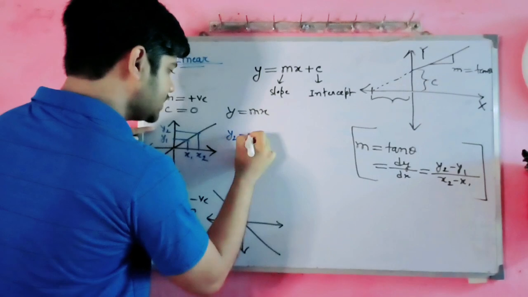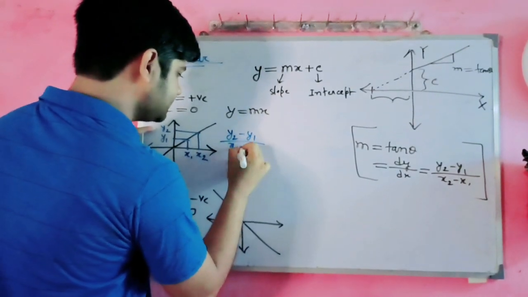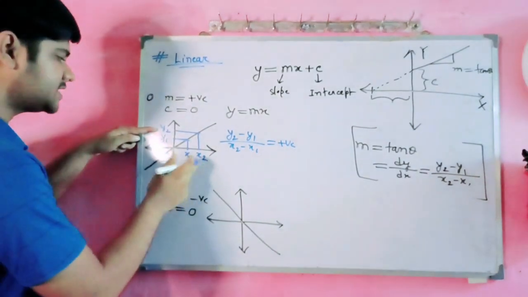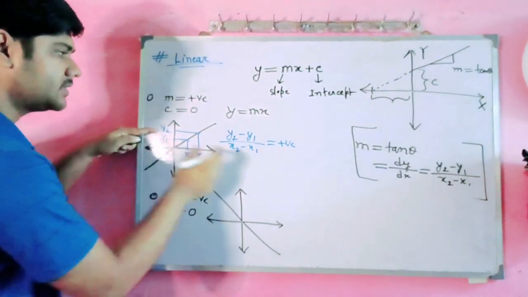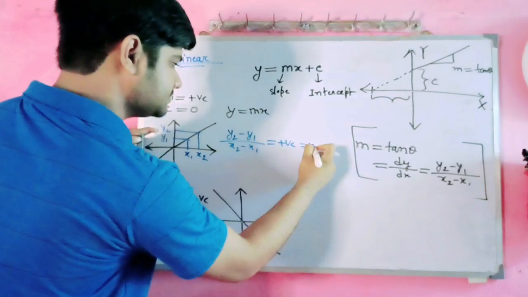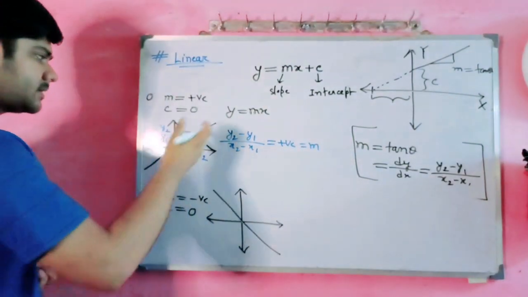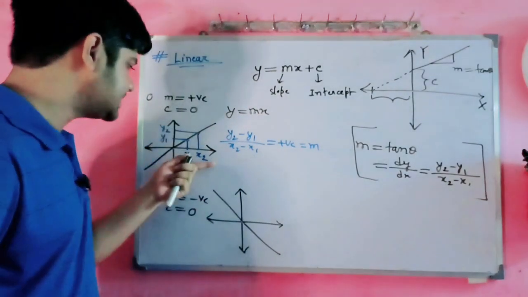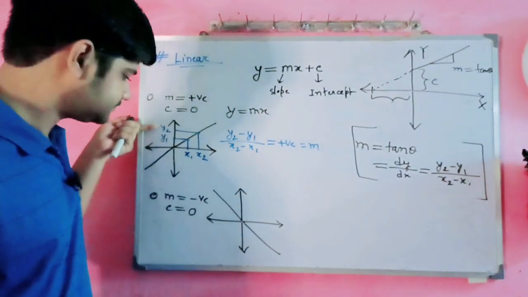Now if we do (y2 minus y1) divided by (x2 minus x1), it will be positive. From the graph it is clear that x2 is greater than x1, y2 is greater than y1, so the slope will be positive. So for a graph with positive slope, we draw it this way. This signifies that with increase in x, the value of y also increases.